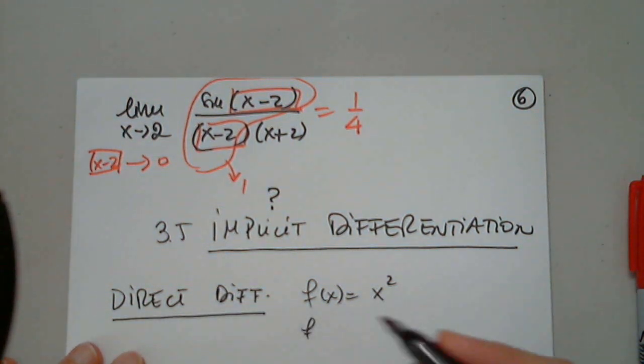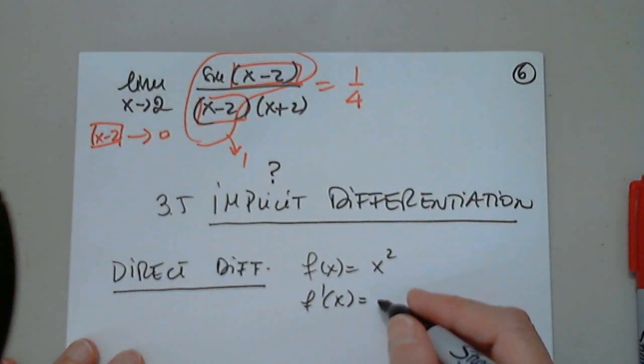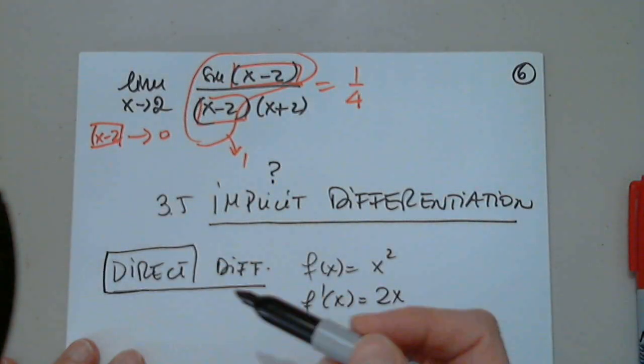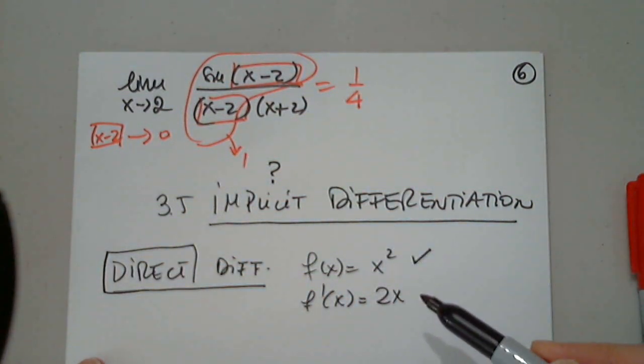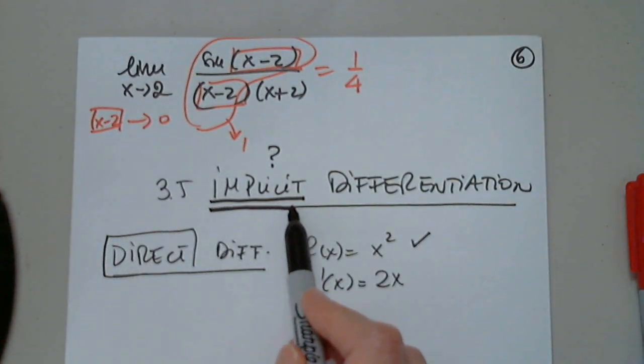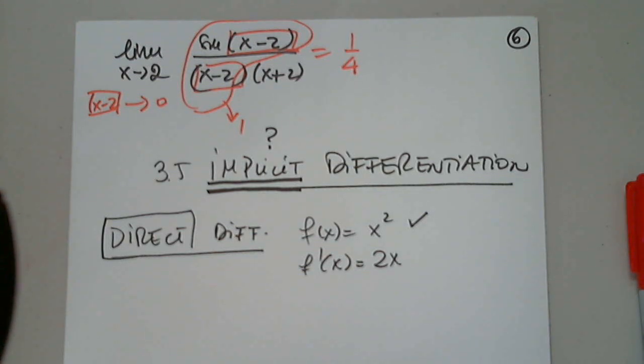I'm asked to differentiate it. I have the function, so f prime will be 2x. That's it. Direct because the function was given to us. What about implicit? The function may not be given to us, or we may be given an equation, but we will not be able to solve the equation for the function.